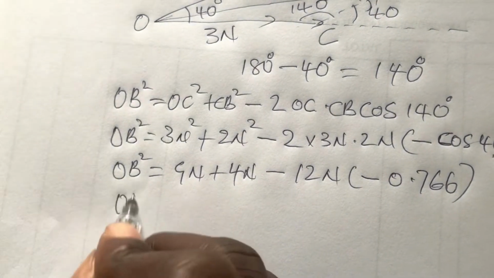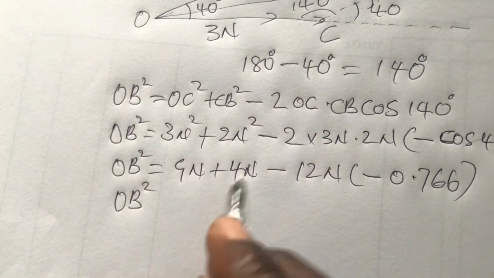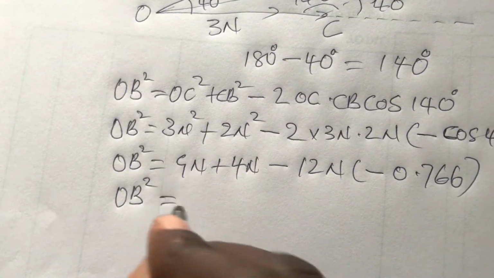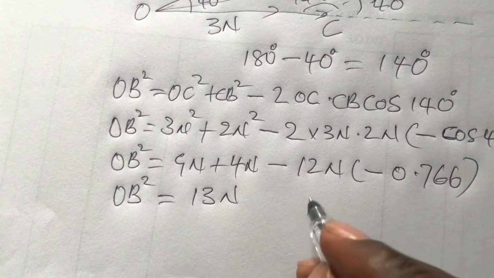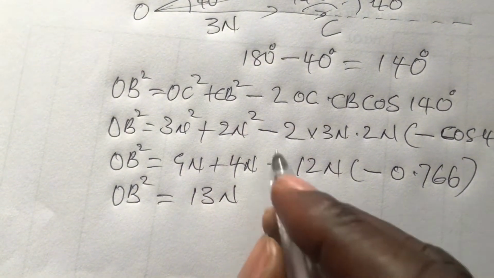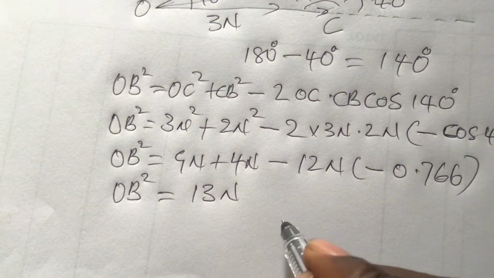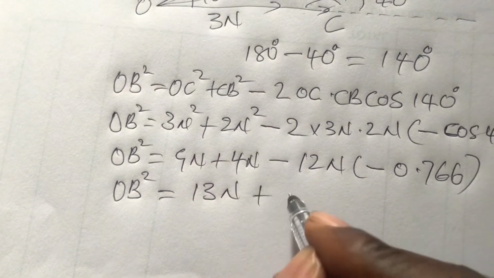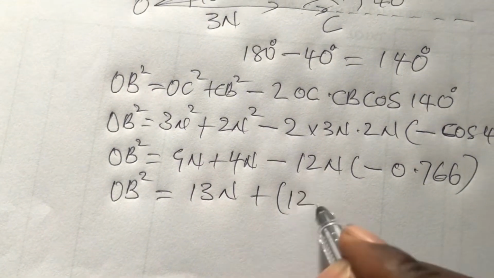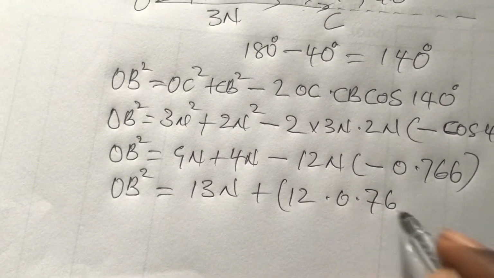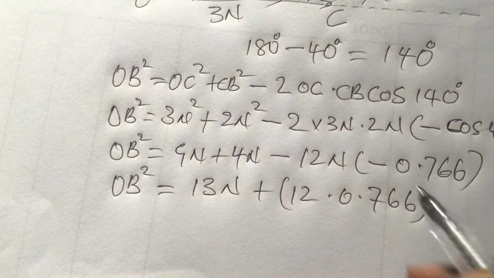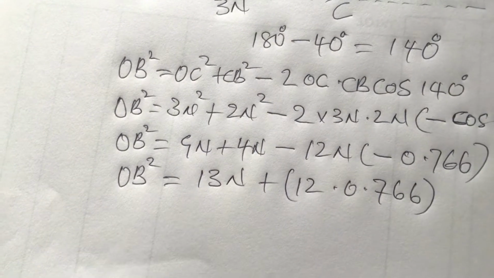This will be OB squared is equal to 13 Newton plus 12 times 0.766, minus times minus is equal to plus.